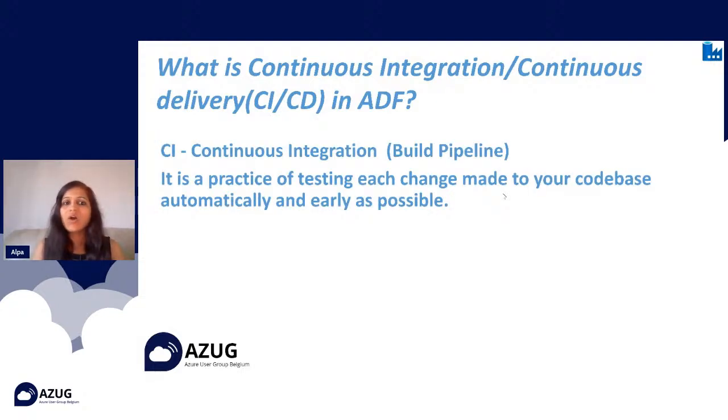It's similar to how we have continuous integration, which is a build pipeline. That means it is a practice of testing each change made to your code base automatically and as soon as possible. So it's a very good practice for any software development life cycle.